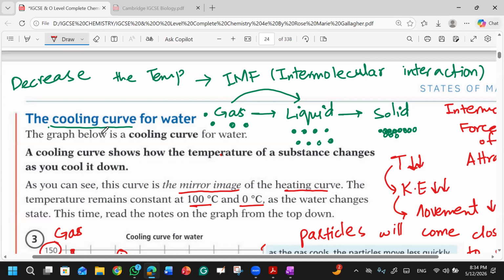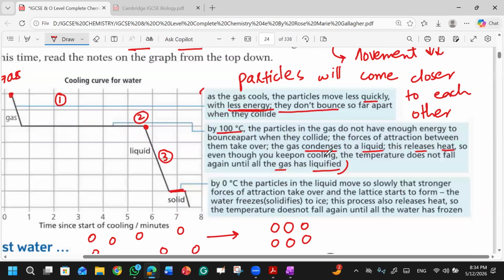So this happens over here: the heat will be released and the gas will cool down to the liquid.